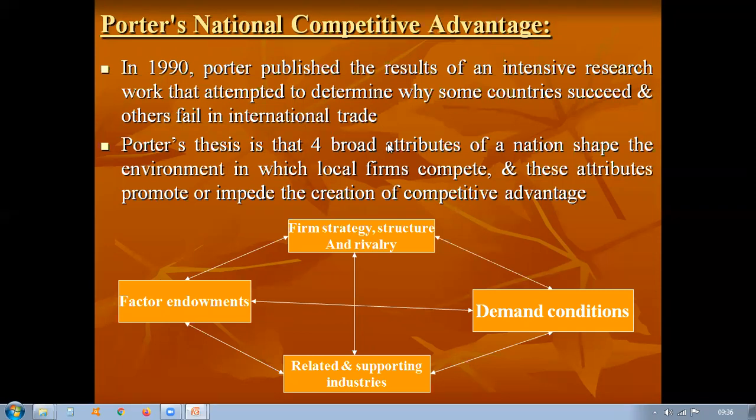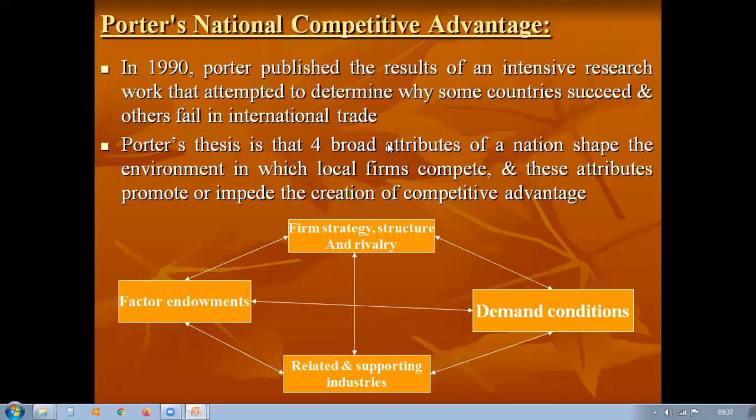Then when you come to factor endowments theory, factor endowments are land, capital, natural resources, labor, climate, all these are factor endowments, and they vary among countries. International trade takes place among the countries that are at the same stage of economic development.